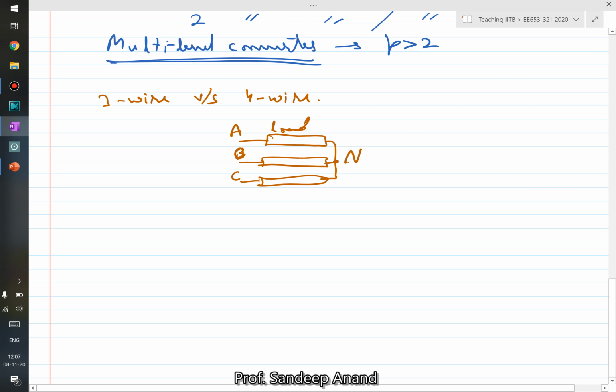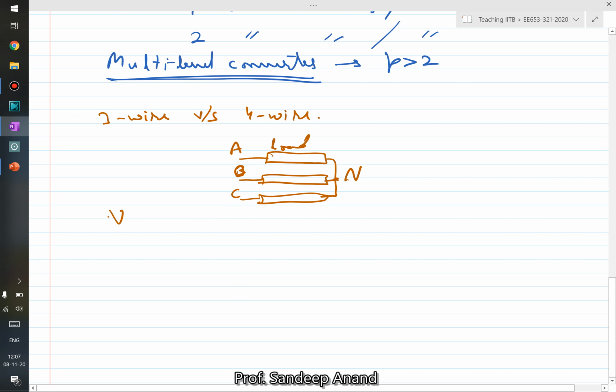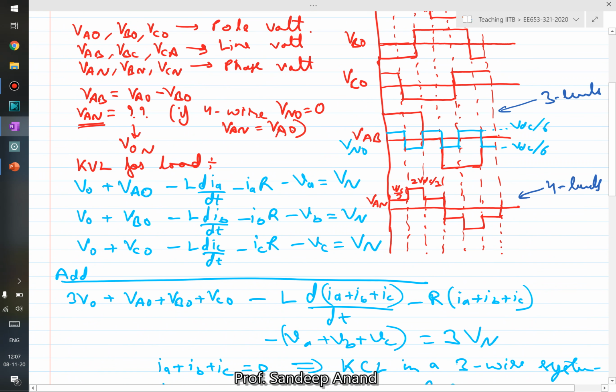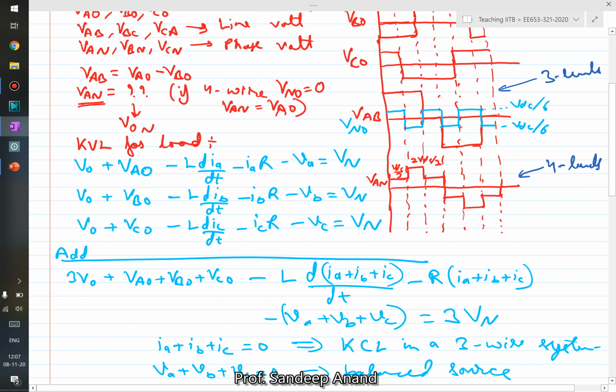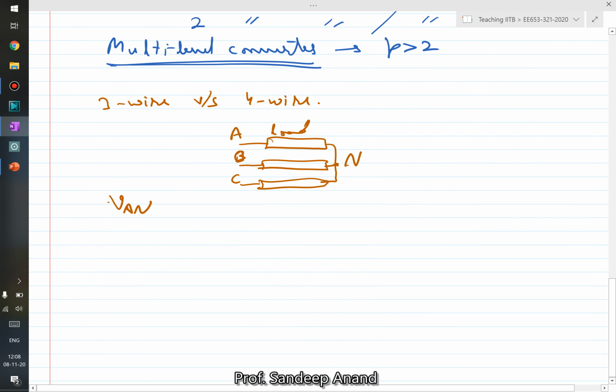We have seen that the voltage, for example, VAN, if you observe voltage VAN, is based on fundamental modulation, so it can have lower order harmonics also, it can have third harmonic also, right? So if VAN has third harmonic, let's say it would be something like magnitude V and sine of 3 omega t.